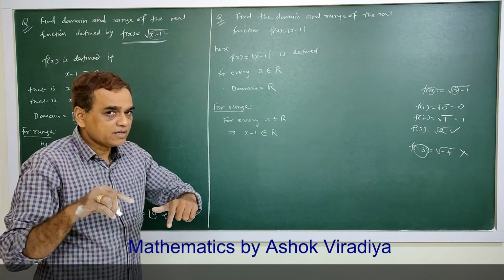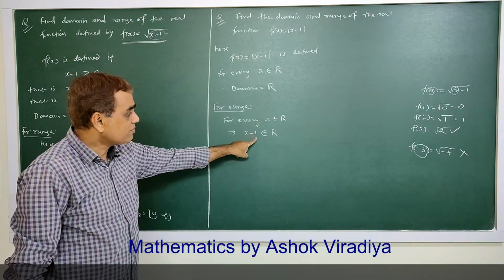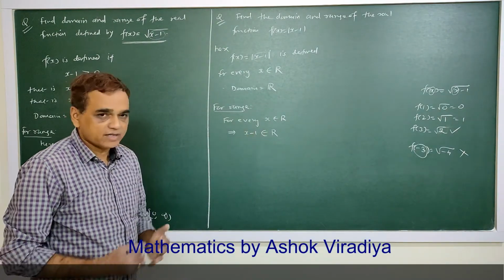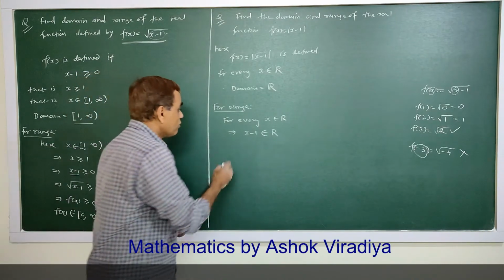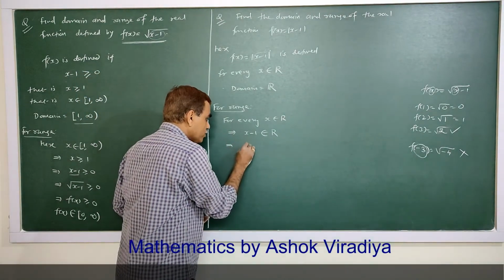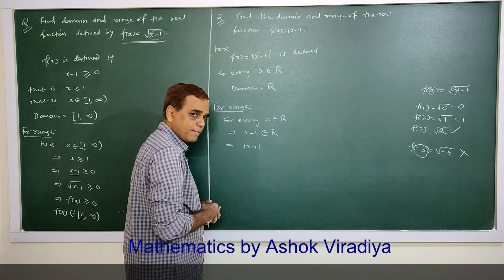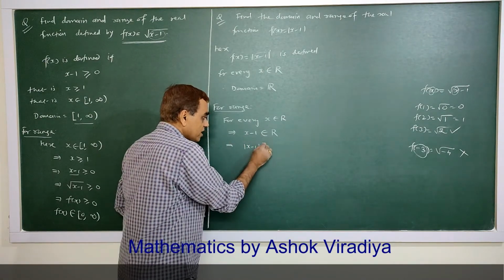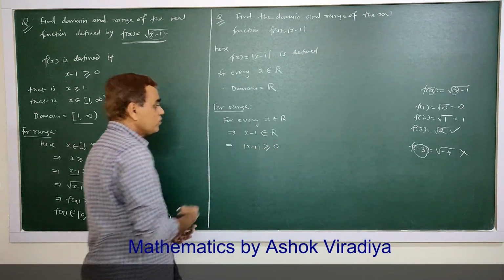X is real, and from any real, if you subtract 1, it is real. Now the modulus of any real, its modulus value is more than or equal to 0.